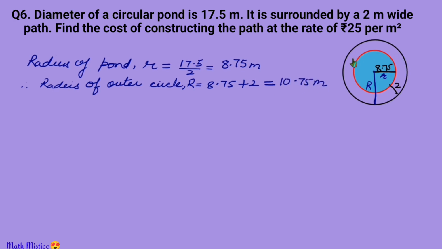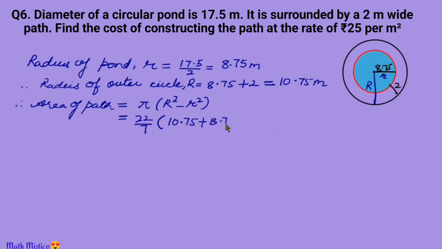The area of the path will be the area of the ring. So it is pi into capital R square minus small r square. Putting the values, 22 over 7 into 10.75 plus 8.75 into 10.75 minus 8.75, using the identity a square minus b square equal to a plus b into a minus b.